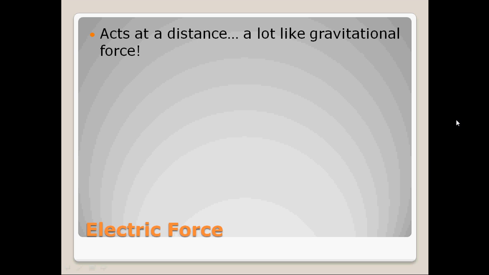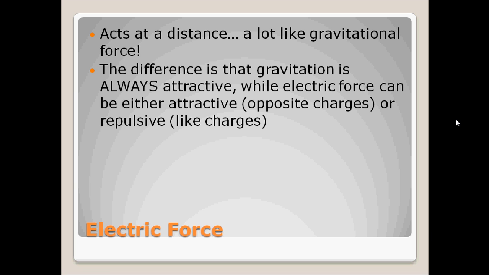Now, the only other force that we have examined so far that similarly acts at a distance is gravitational force. So you're going to see that throughout this lesson, we're going to be constantly comparing electric and gravitational forces because they're actually super similar. Okay. One major difference between the two of them, just to get that off our chest right away, is that gravitation is always attractive.